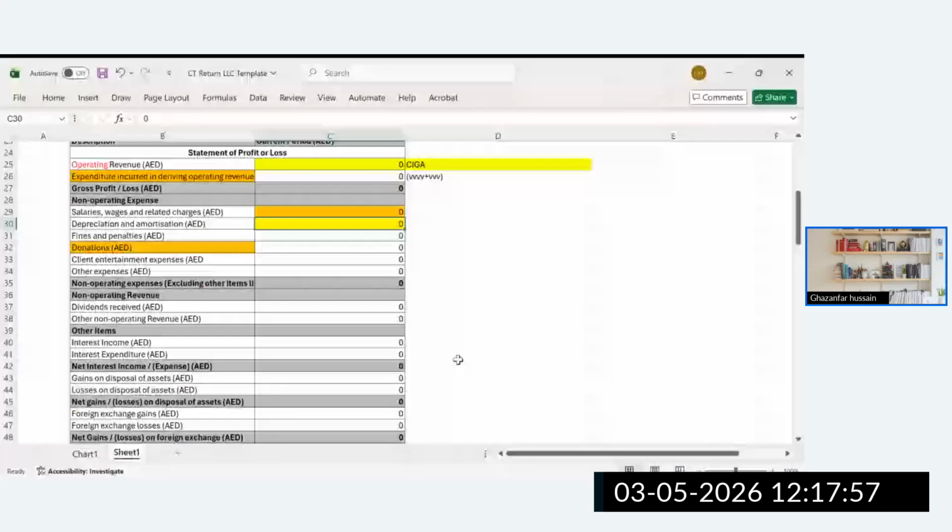Okay, now fines and penalties. You have to see that fines and penalties are there.